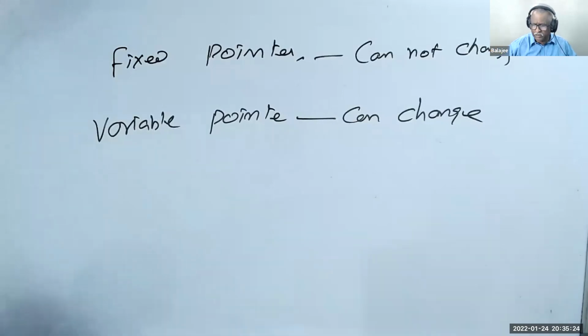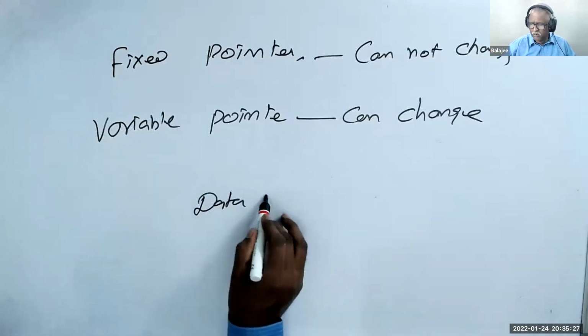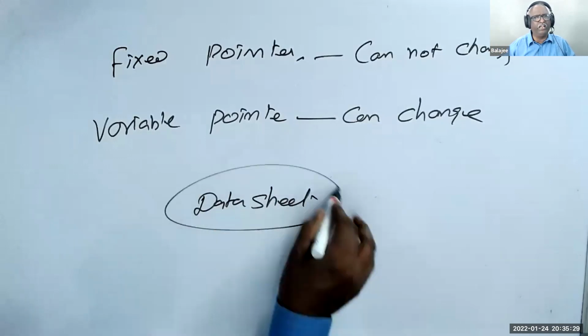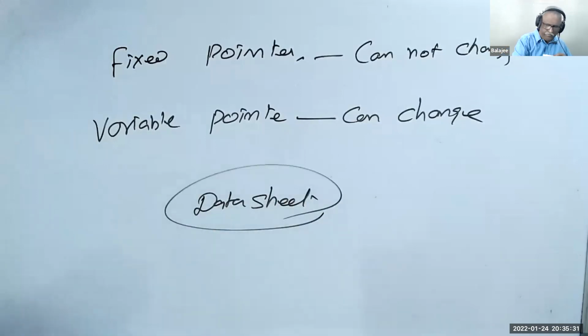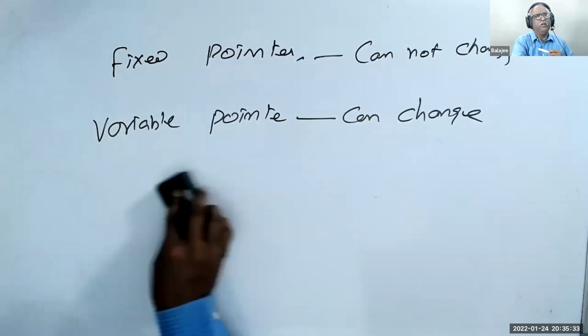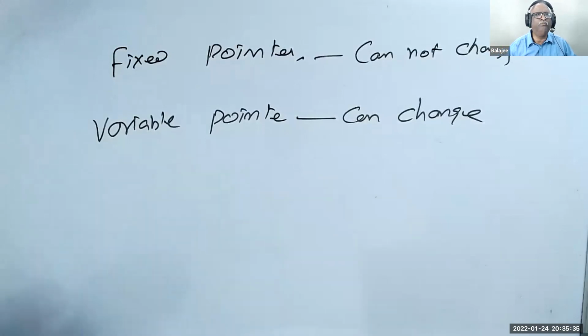You go to the data sheet, and they'll give you the address. So you can write anywhere as you wish in a microcontroller. You know the exact address in microcontrollers. Only in computers, you cannot write to whatever address you want.